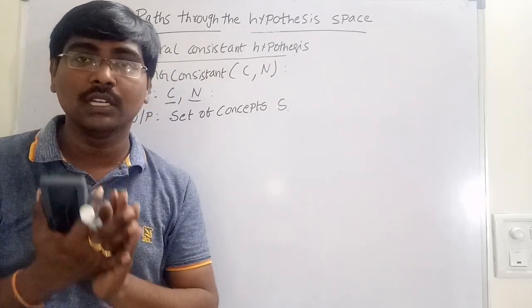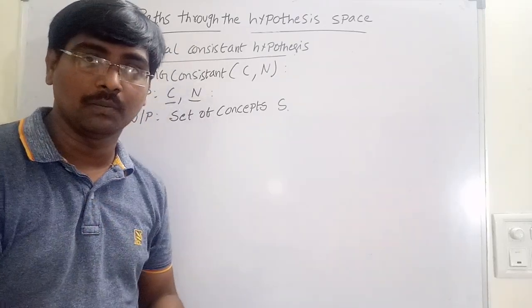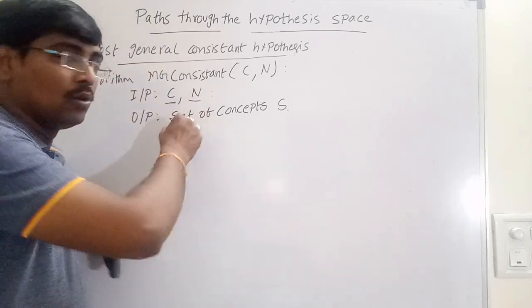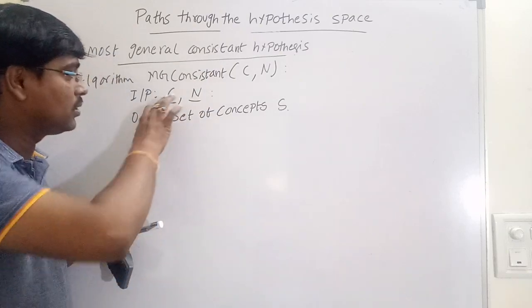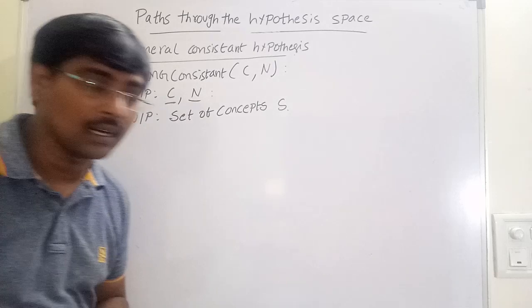What is the meaning of C equal to true? C equal to true means it covers all the examples. That is the most general one. By considering C equal to true, we start the algorithm.